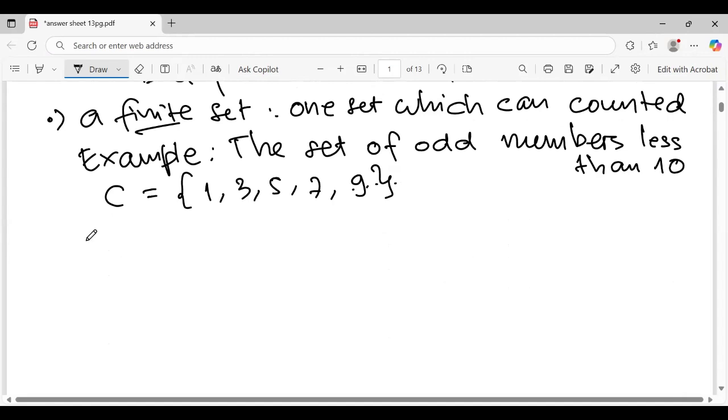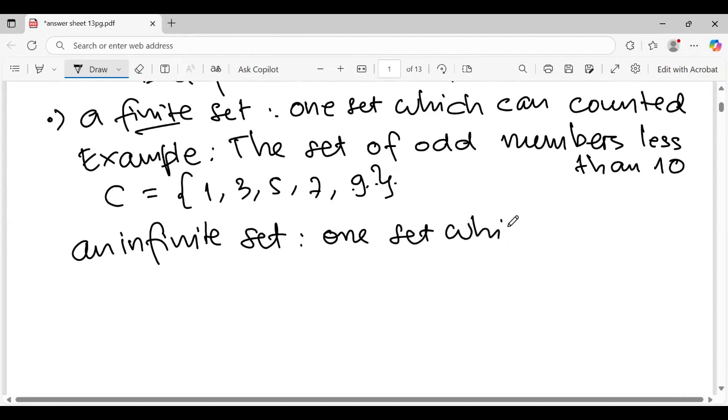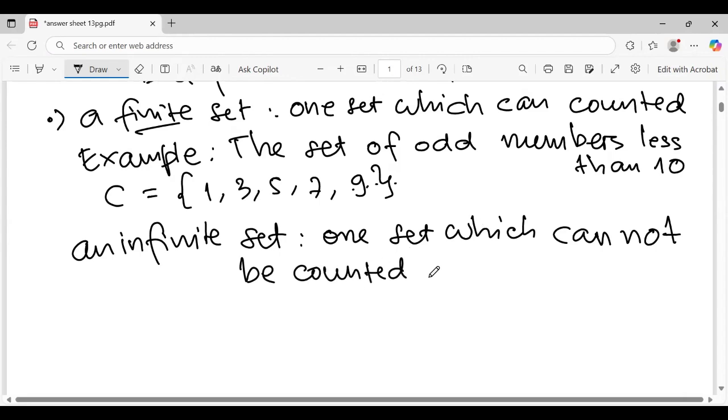So how about an infinite set? An infinite set is one set which cannot be counted or determined.